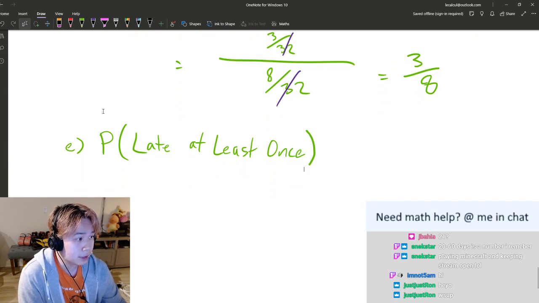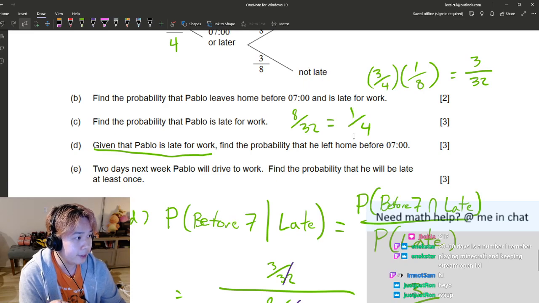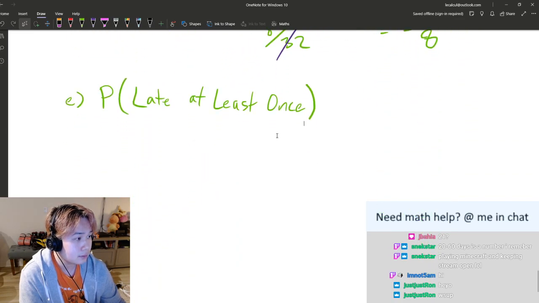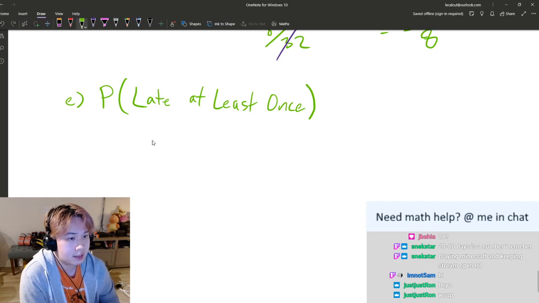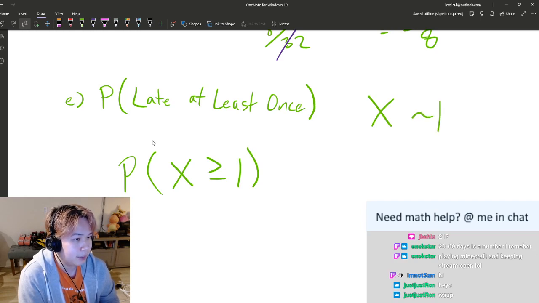You can use binomial cumulative distribution because essentially there's 2 days, so there's 2 trials. And then we have the probability of him being late, which is 1/4. And then we want to find out the probability that he's late at least once. So we're counting the number of lates he has, and we want this to be at least once. So x is our random variable, and it's binomially distributed, with 2 trials, and the probability of him being late each trial is 1/4.